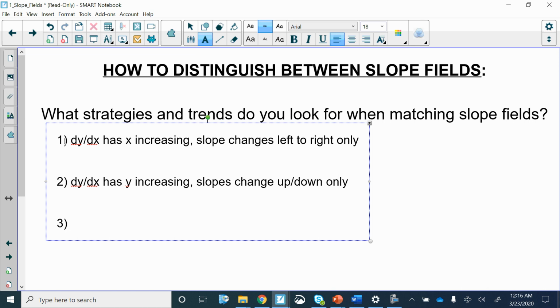The third thing that we can say is that if dy dx has x and a y, slopes will change in both directions.